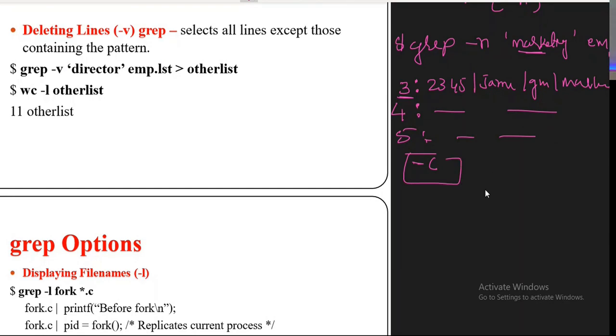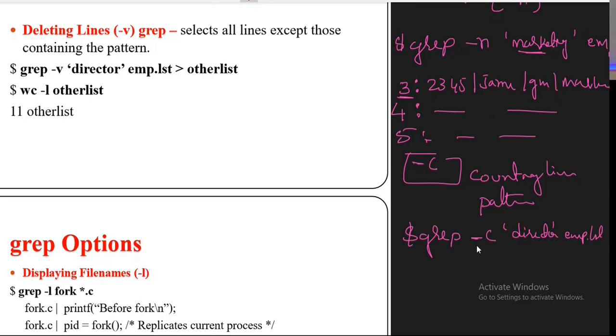Counting the lines containing the pattern, that is, how many lines have the pattern. For example, $ grep -c director emp.lst. How many lines get selected? It will count the total number of pattern matches found and display it.